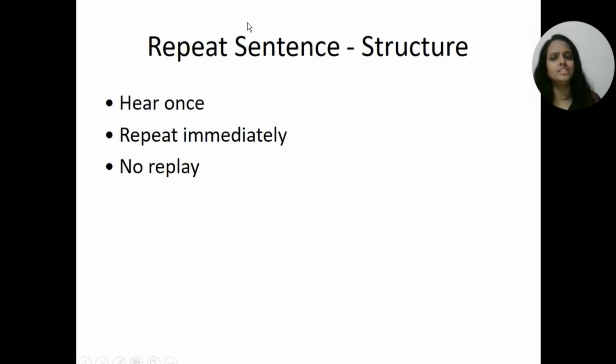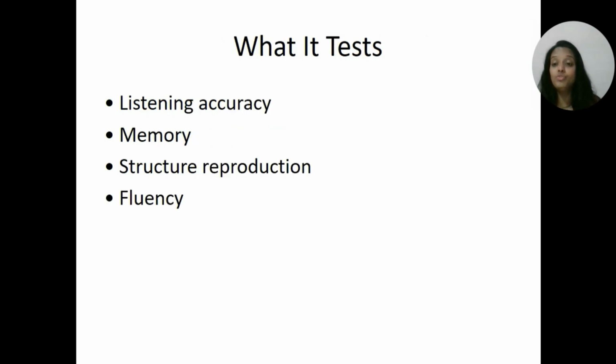Now let's move on to the second task, repeat sentence. So what is this task structure? Here, you will hear a sentence only once, and immediately after that, you must repeat it. So, no replay, no pause. And what does it really test? Again, not just your memory. This is a processing plus reproduction test.